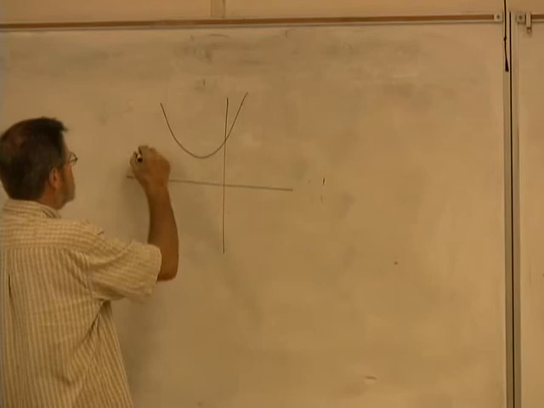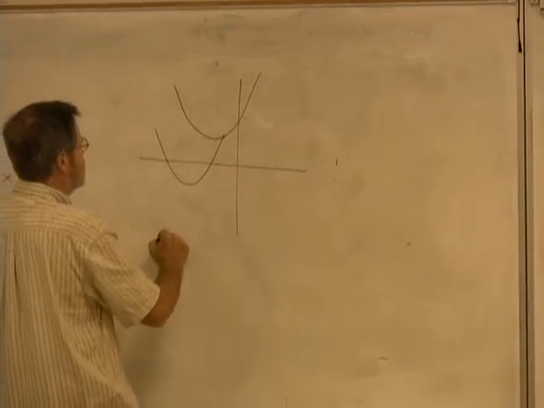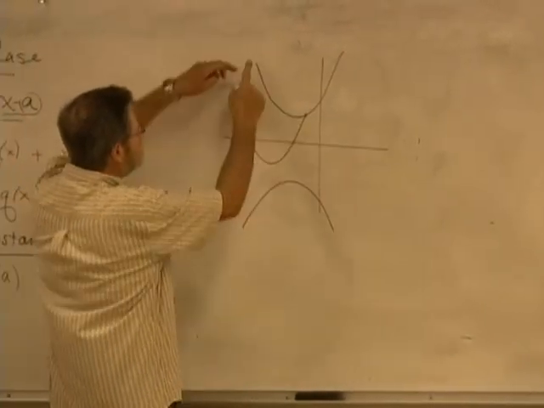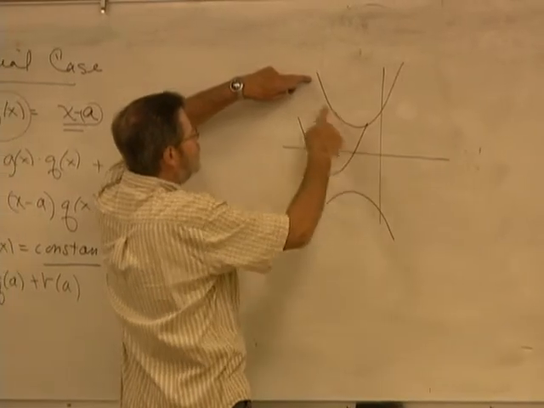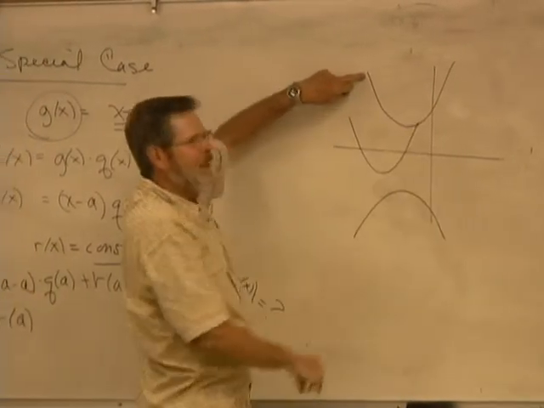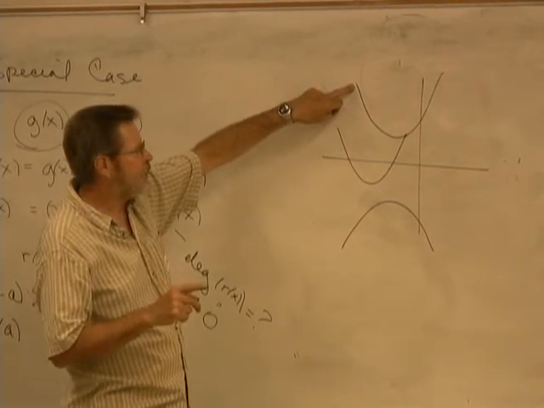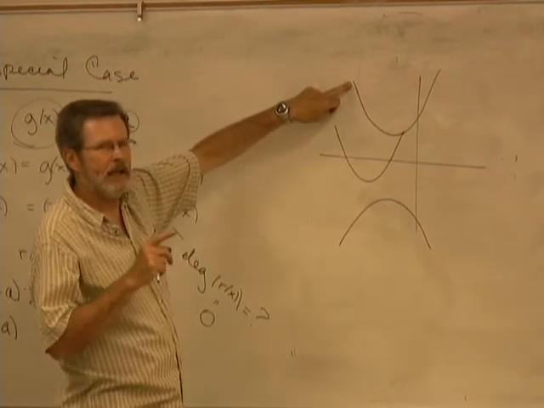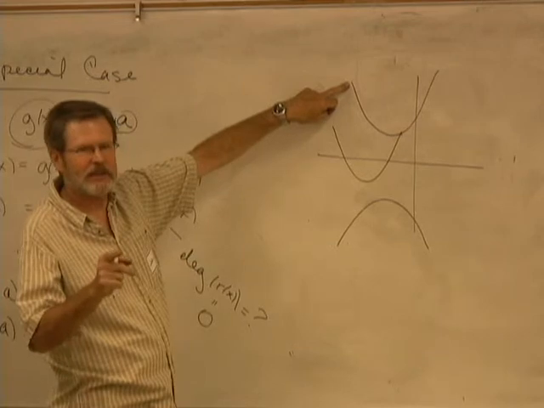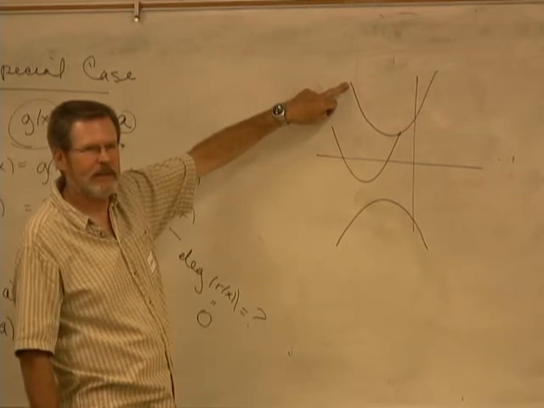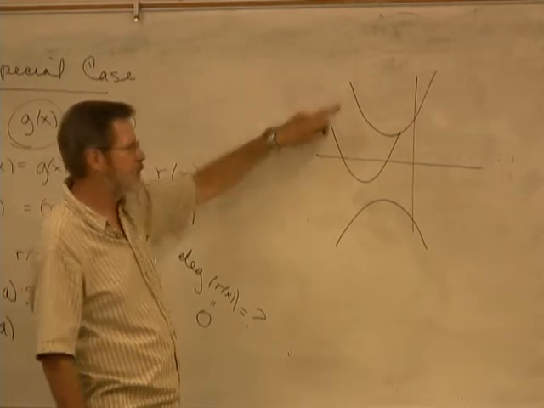It may look like this, it may look like this, it may look like this. If it looks like this, for example, as a polynomial of degree 2, it never crosses the axis. If it never crosses the axis, that says what about the roots of the polynomial? There are no real roots.